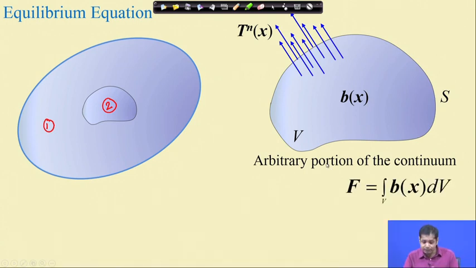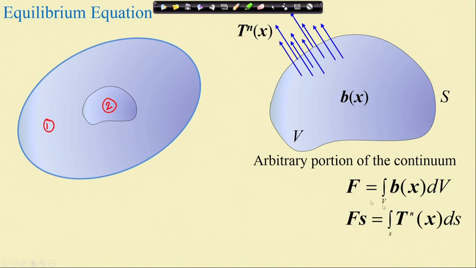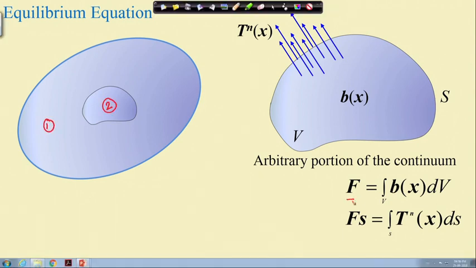If we integrate the body force over the entire volume, we get the total body force on this small chunk of continuum, whose free body diagram is shown here. And then we have the surface force, which is the integration of Tn, where Tn is the surface force density. Please note these forces are written in vector form.